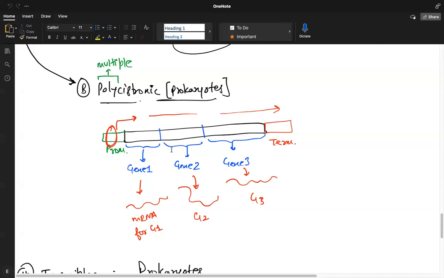How are you doing? Yes, sir. Yes, a polycistronic structural gene is present in prokaryotes. Here, the coded information is present in a continuous manner. Right. So it's present in a continuous manner, but why is it called polycistronic?